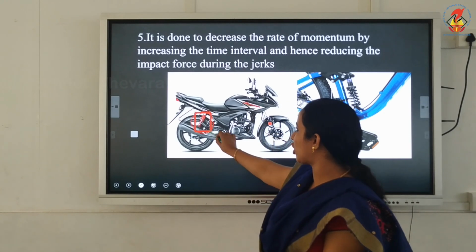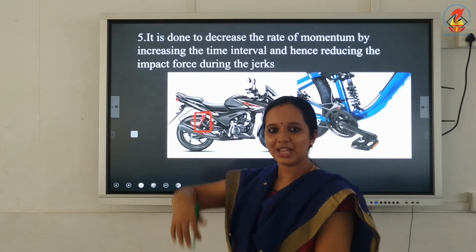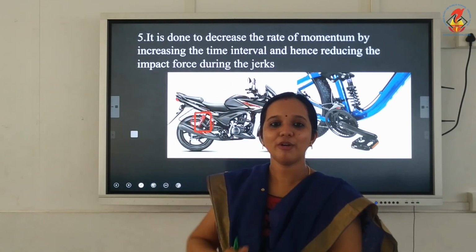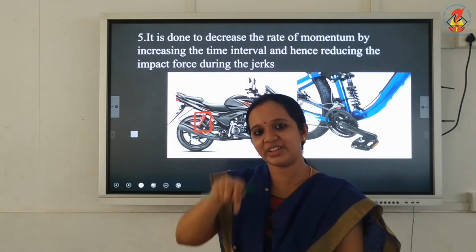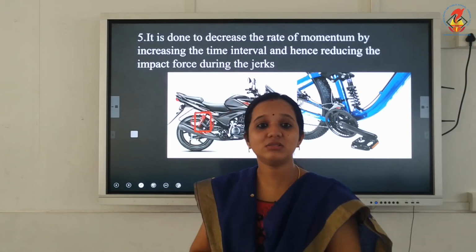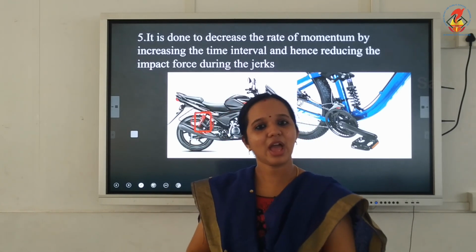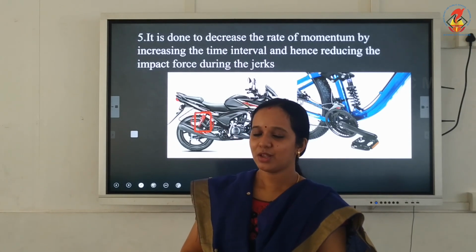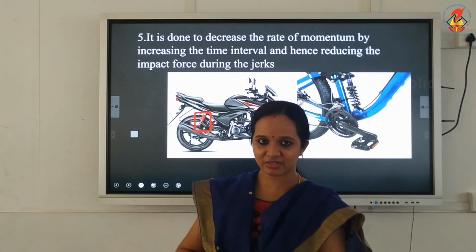So what the shock absorbers do is increase the time of movement, which decreases the force. When time increases, force will get decreased according to the equation F is equal to m into (v minus u) by t. So the force gets decreased.